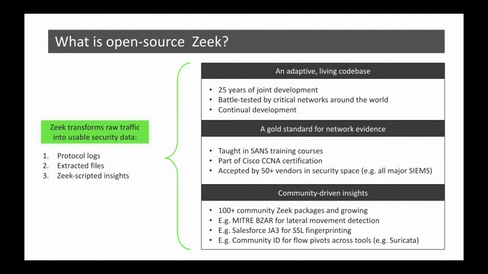And the last thing that Zeek is really amazing at is this event engine that runs Zeek also has a full Turing complete scripting language on top of it. So Zeek scripting allows you to write behavioral, statistical, and pattern-based detections on top of all of those events.